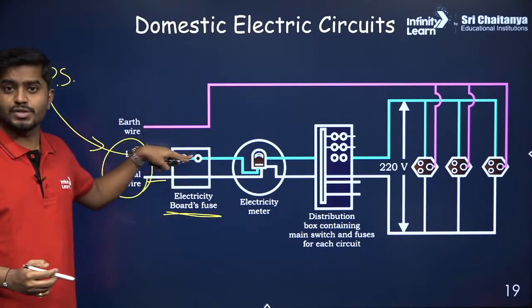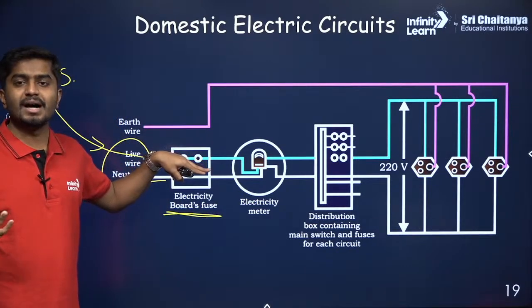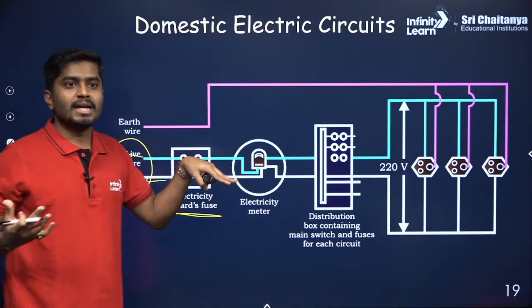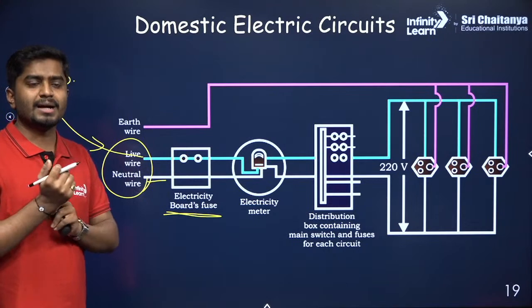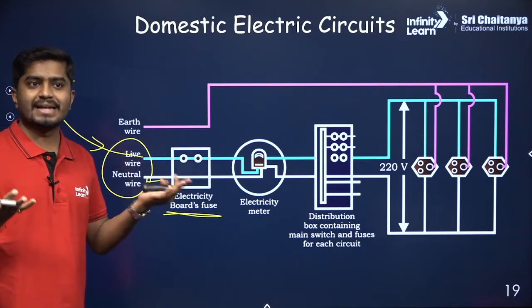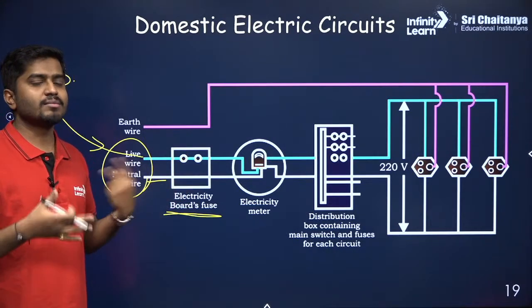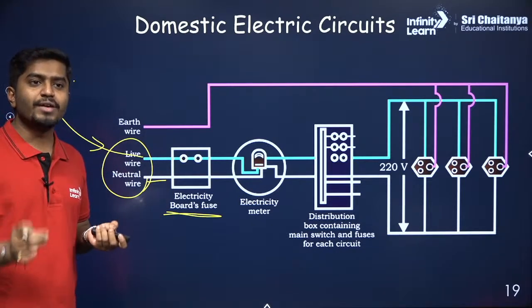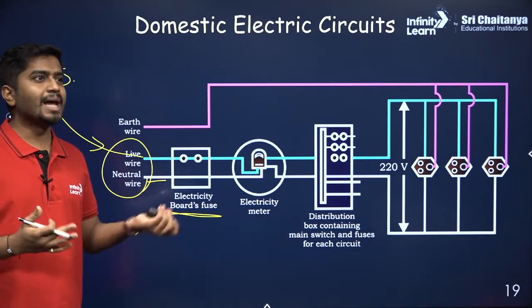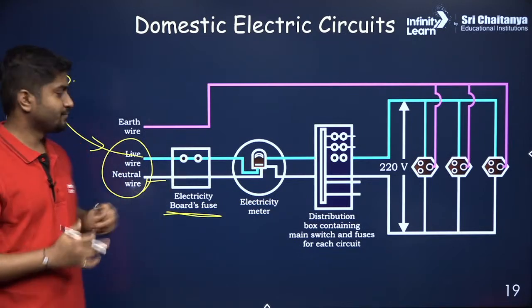Do you remember fuse? We have learned the fuse in chargers. Yeah, in small devices it is okay to use 2-pin plug, but let's suppose you have a big device like a AC, or let's say heater or refrigerator, then you should always use 3-pin plug. For bulb, fan, 2-pin plug is okay.